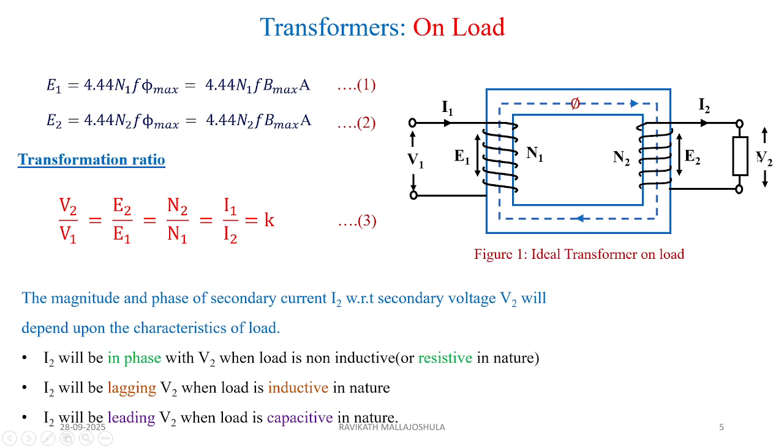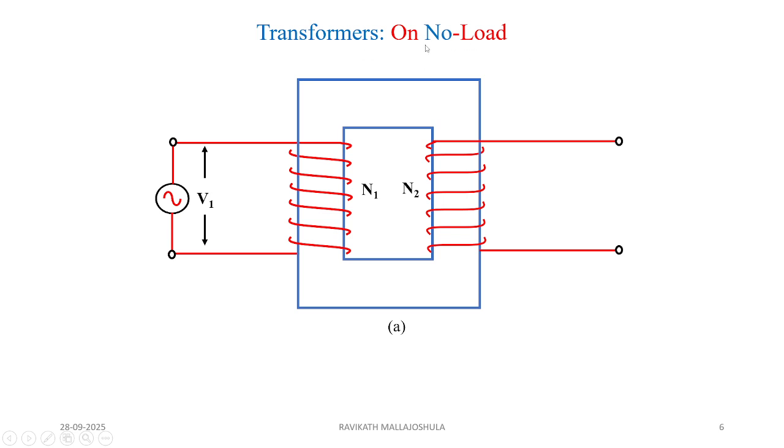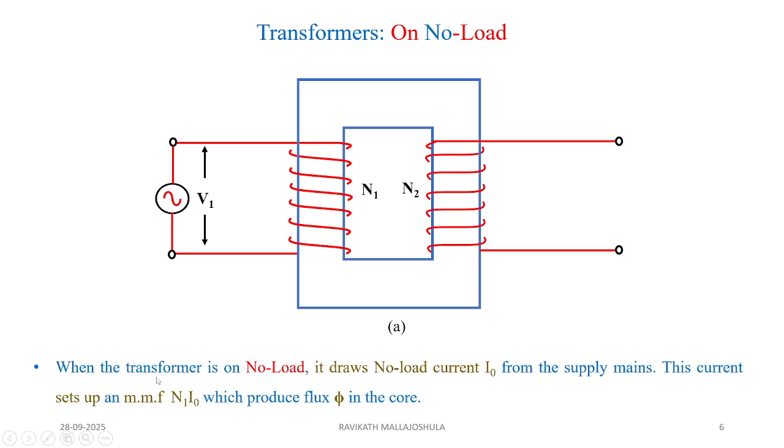Then the measurement of load voltage is nothing but V2, and when we treat the concept with an ideal transformer, for different types of loads, when there is no load, we know that the transformer draws a no load current I0 from the supply mains, and this current sets up a magnetic motive force of N1 I0, which produces flux phi, and that flux phi is responsible for linking with the primary as well as the secondary of the coil due to the mutual inductance.